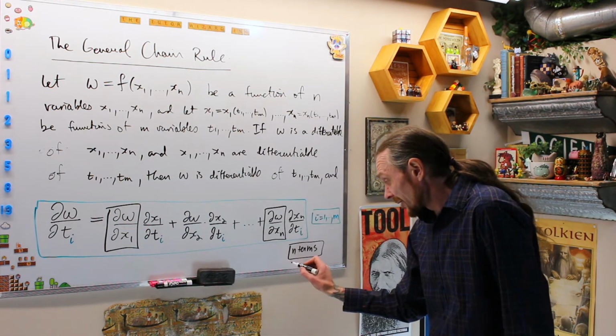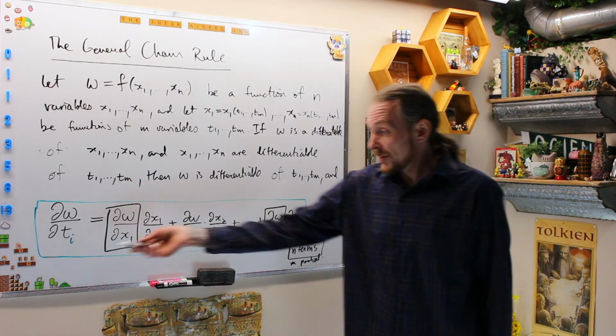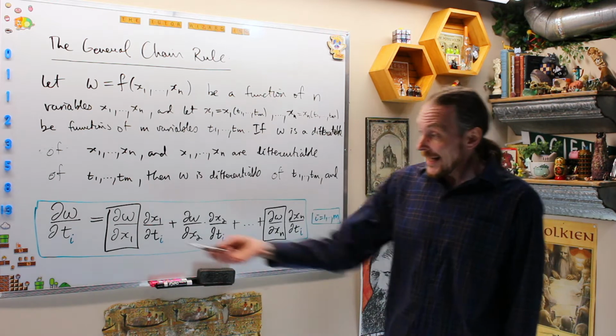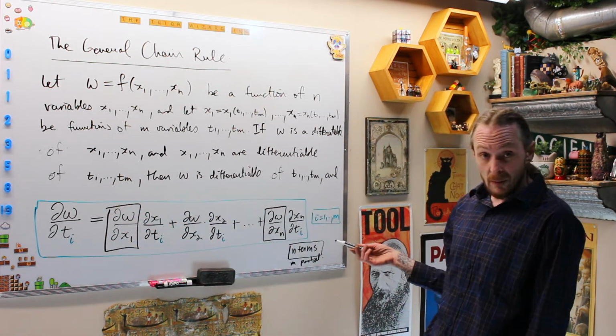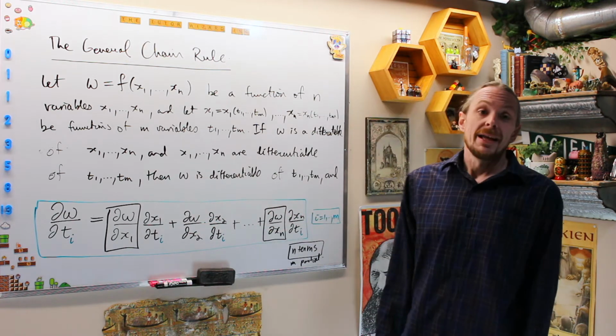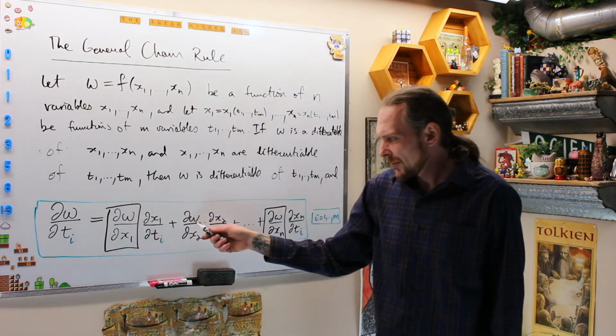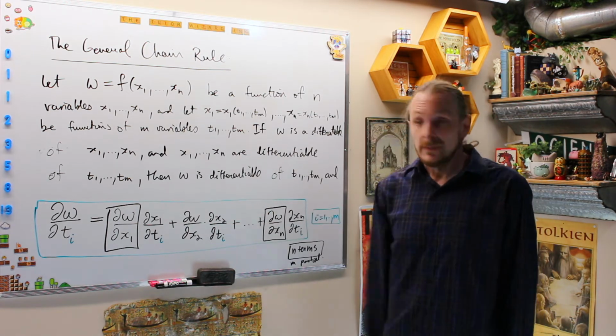First of all, we have to compute m partials of w with respect to the second set of variables. In each of those partials we have to compute, here's one of them, or the general one, the ith one, we're going to have m terms. And in each term we'll have 2 derivatives that we're going to have to compute. These ones will get repeated in each derivative though.